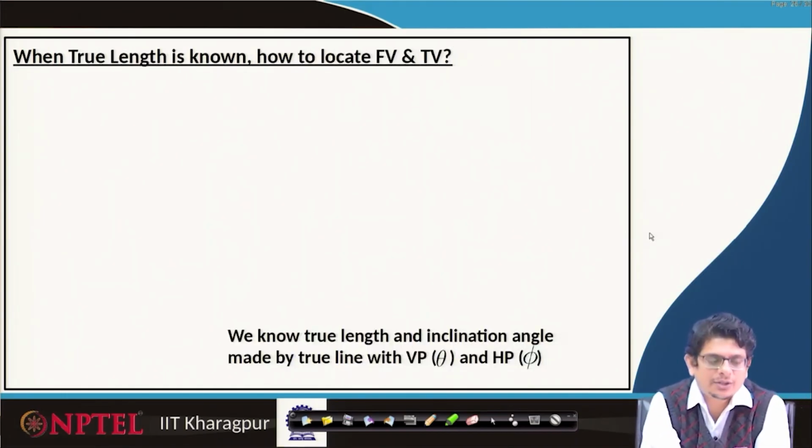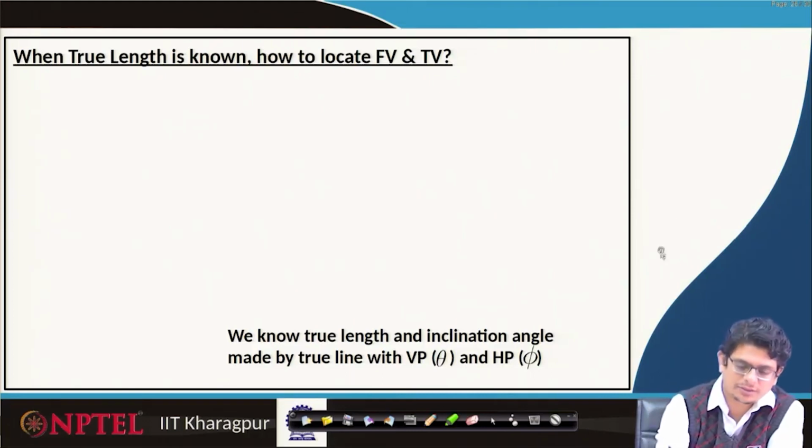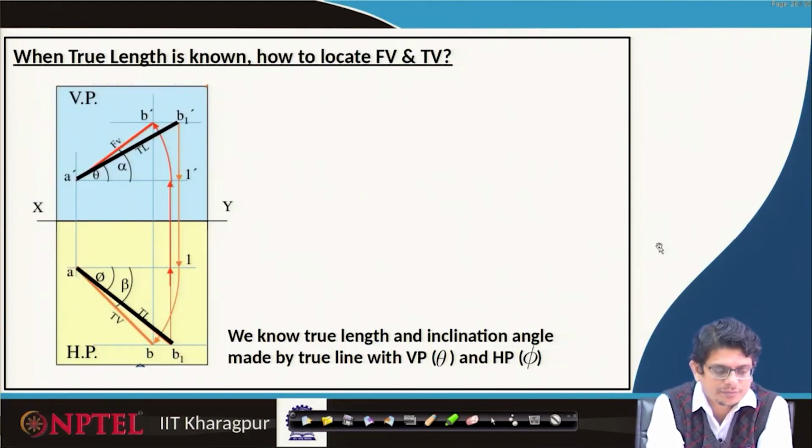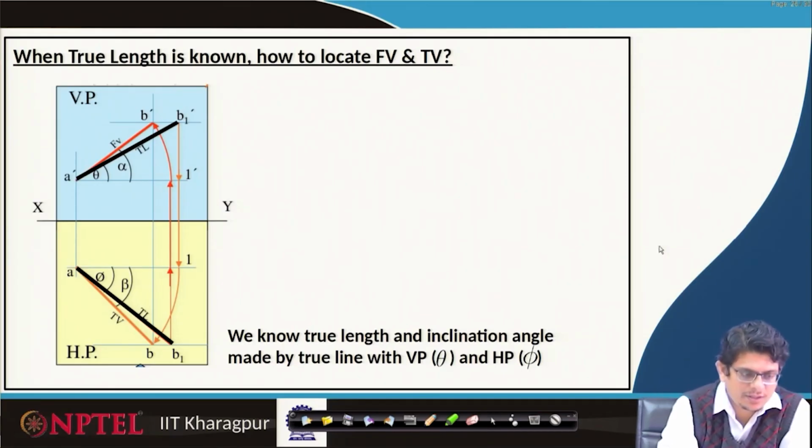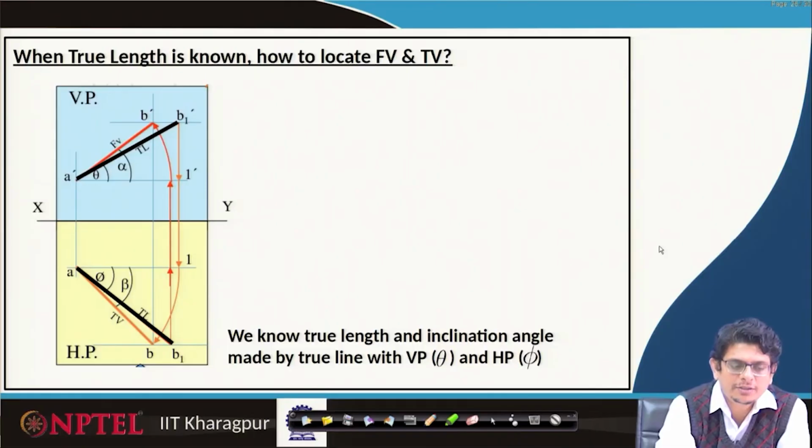Let us ask another question. When true length is known, how to locate front view and top view? So, for that purpose, what we have to do? We know the true length and we know the inclination angle made by the true line with vertical plane and also horizontal plane.